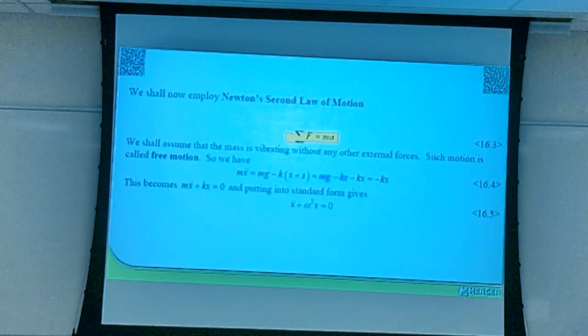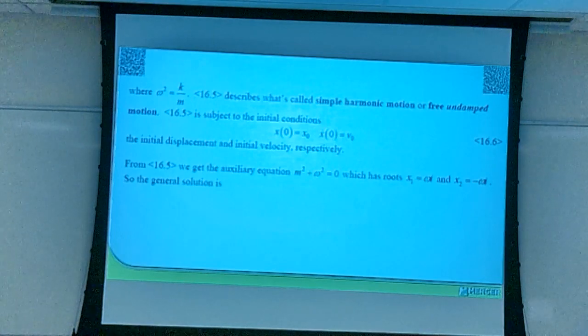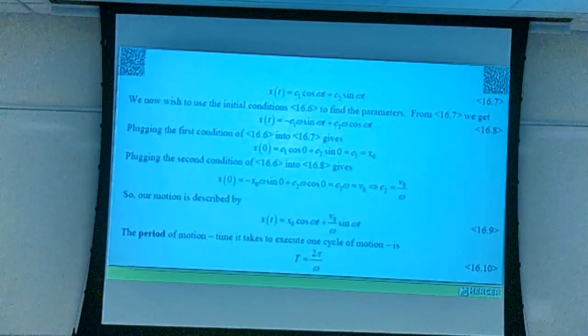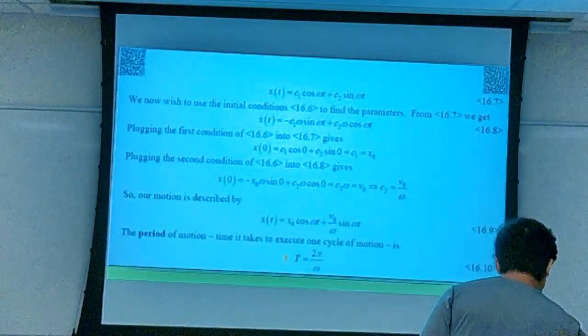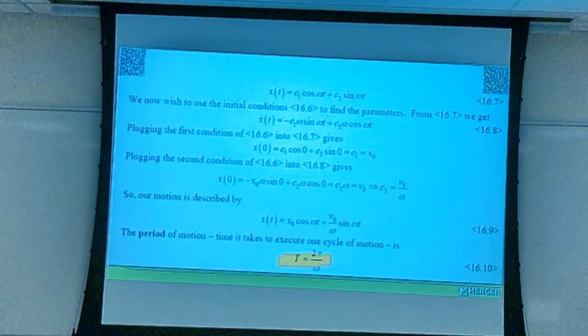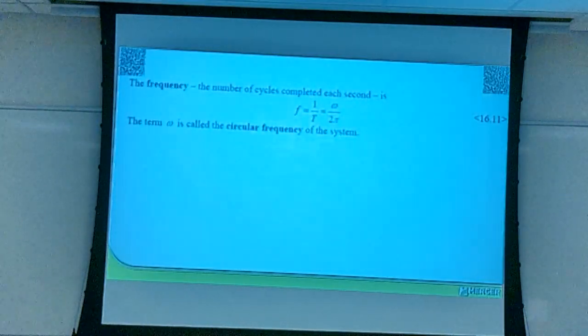Equation 16.5 describes what's known as simple harmonic motion, free undamped motion for the spring. That's when there is no resistance. You've got the period of the motion, and you have frequency, which is 1 over the period.